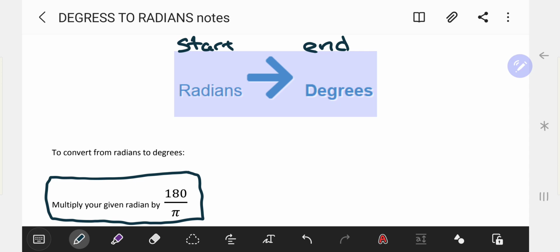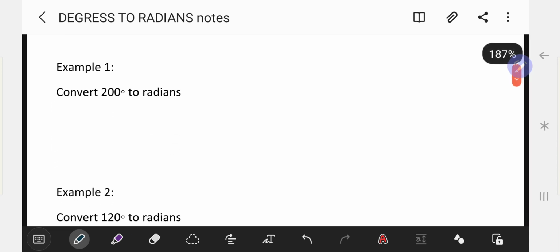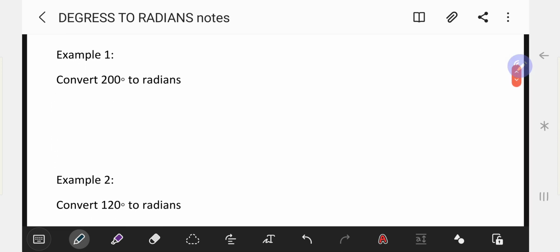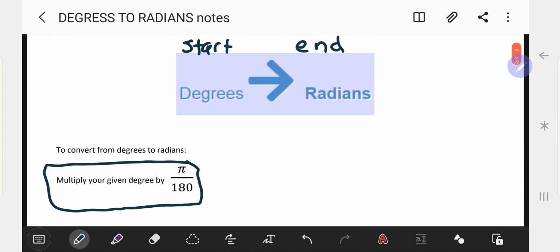All right, so let's start our examples. Okay, so example 1. We are converting 200 degrees to radians. We're starting with degrees and we're ending with radians, okay? So that means we're using this first method up here. We start with degrees, end with radians.